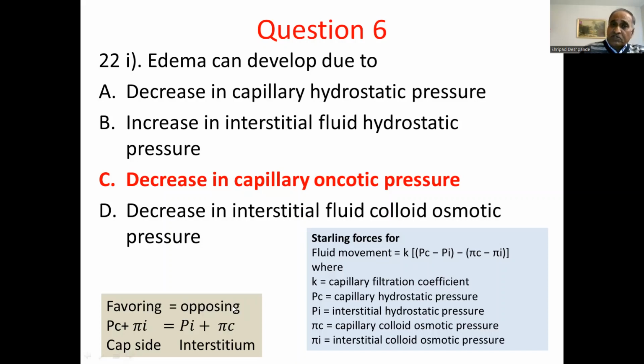Now, opposing forces are the interstitial fluid hydrostatic pressure, because if the tissue is tough, there is a large amount of pressure there, so that will oppose the movement. And also the colloid osmotic pressure in the capillaries, the plasma is having the colloid osmotic pressure, that will pull the water. So these are the opposing forces.